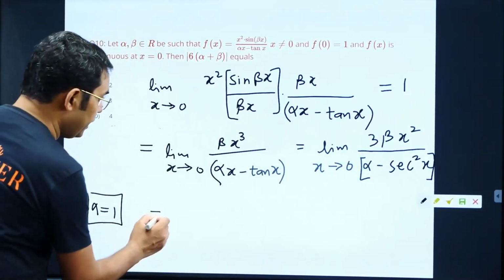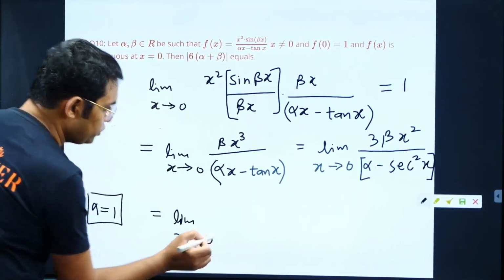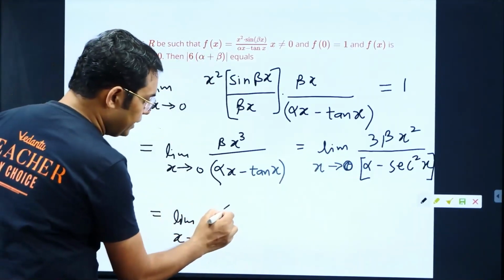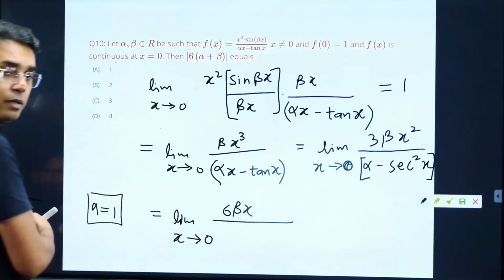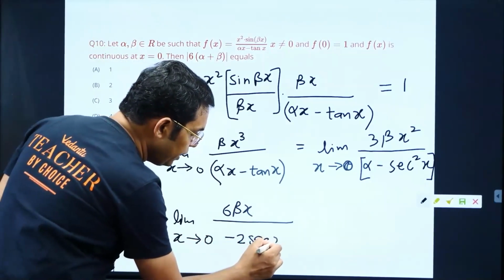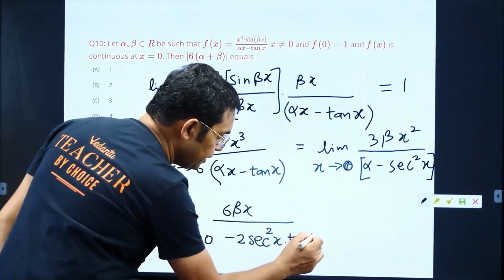So if alpha is 1, then I think it is again 0 by 0 form. So I can use L'Hospital rule once again, x approaches to 0. It will be 6 beta x upon 1, differentiation will be 0, then minus 2 secant x into secant x tan x. So that means it will be secant square x into tan x here.